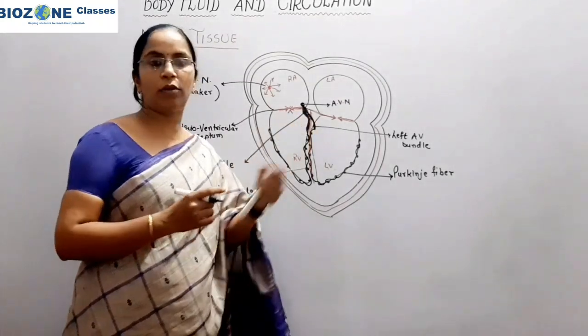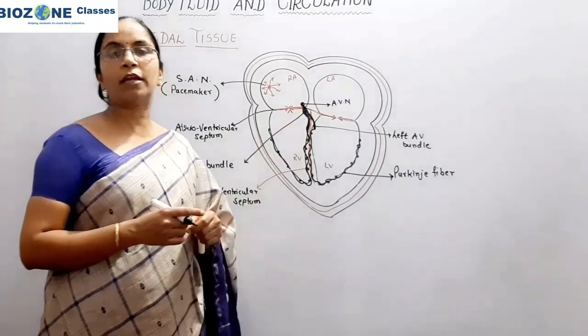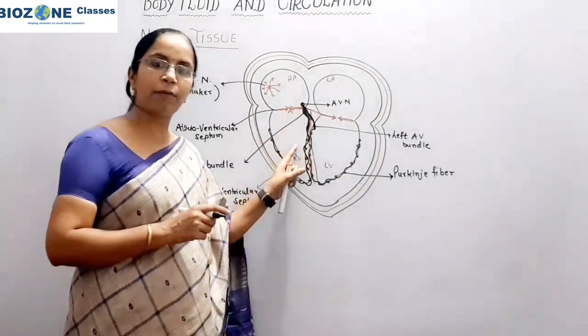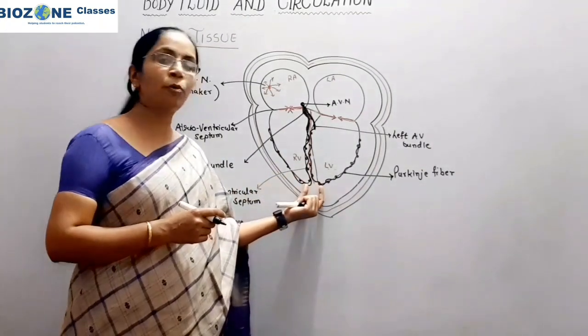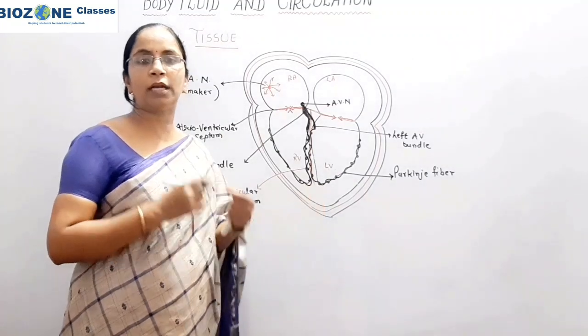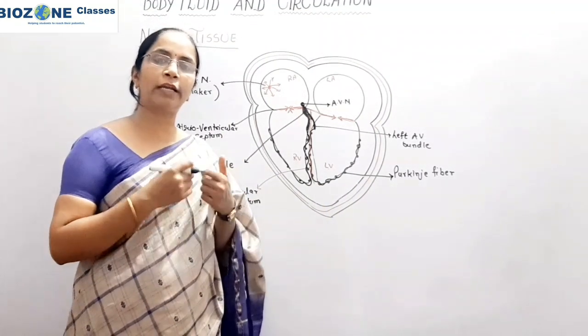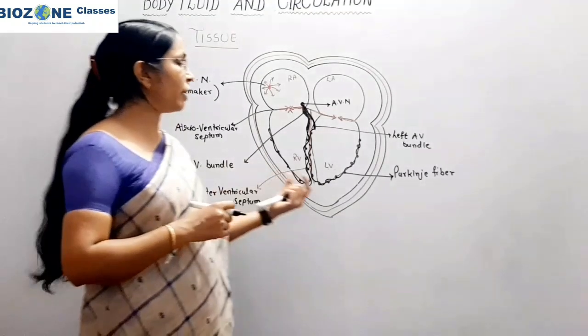This atrioventricular bundle, exactly on the top of the interventricular septum, divides into two, that is the left AV bundle and right AV bundle, and from these AV bundles again the Purkinje fibers are developed, which are responsible for the impulse of contraction, or the diastolic and systolic waves we will study later in electrocardiograph and cardiac cycles.